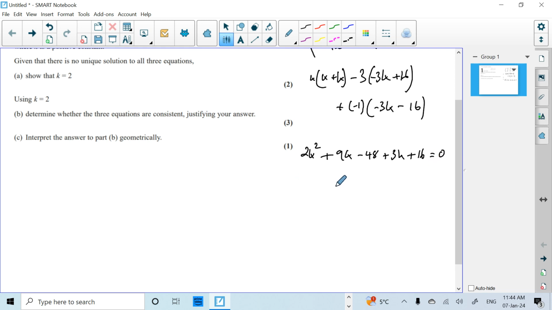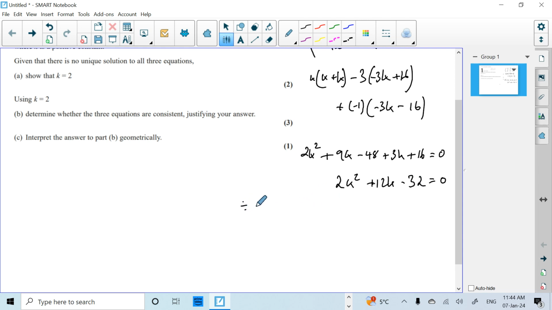And we tidy up. That gives us 2k squared plus 12k minus 32 equals 0. And that's nice because if we divide through by 2, that factorizes.